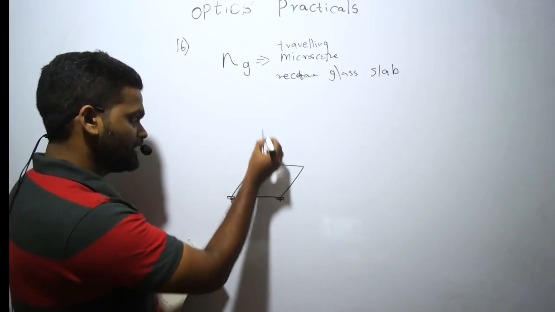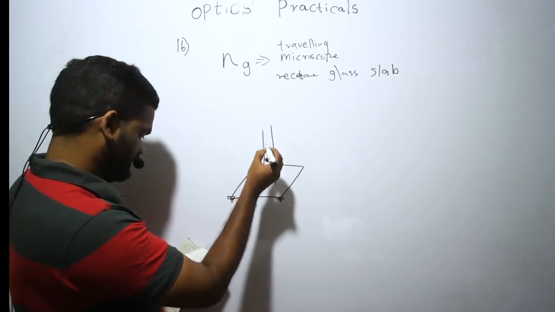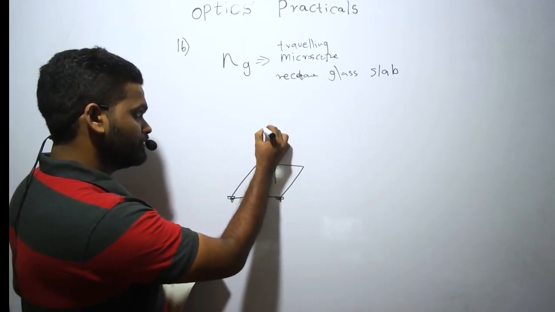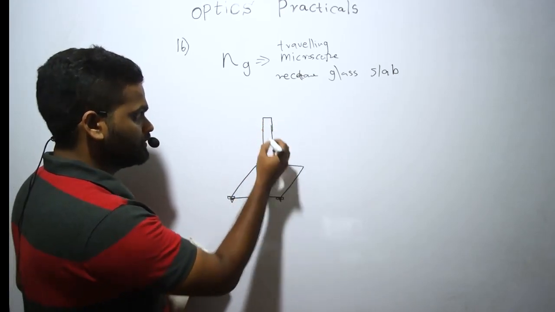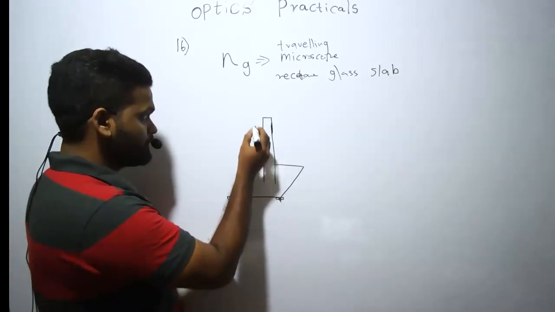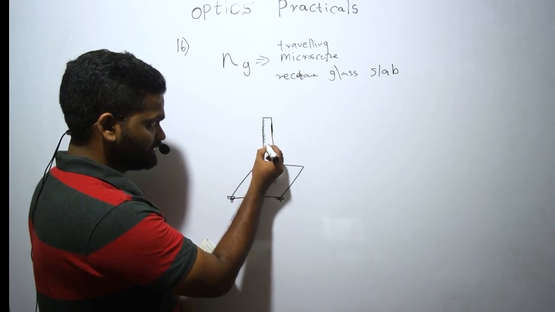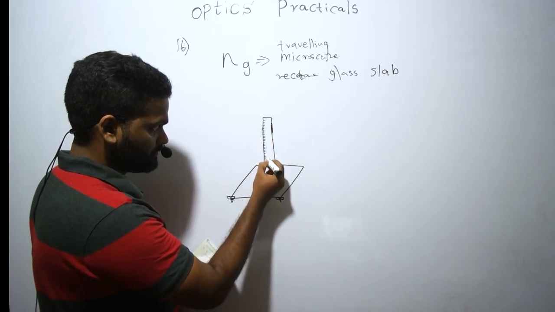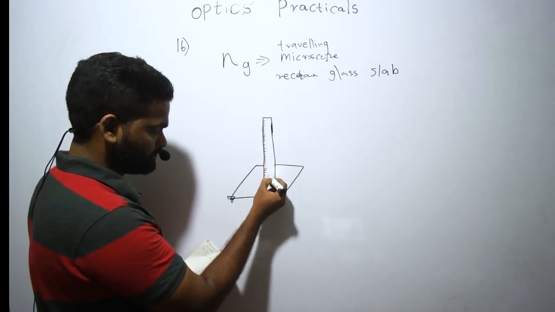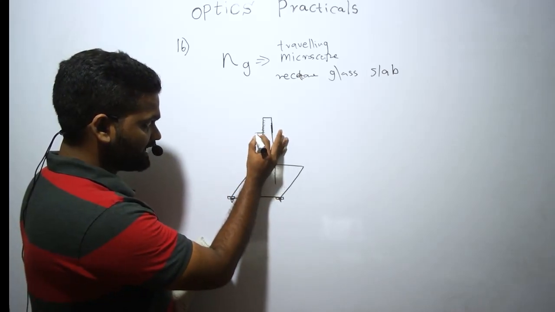Then there's this metal bar. The metal bar is calibrated in millimeters. Then there's a vernier scale attached to that.